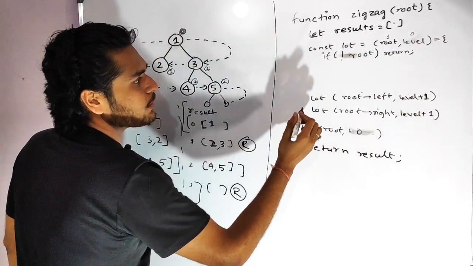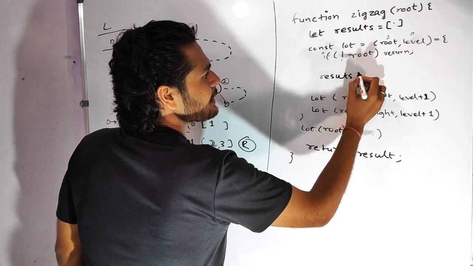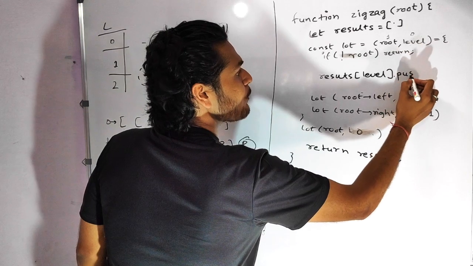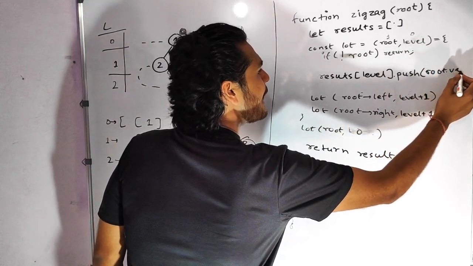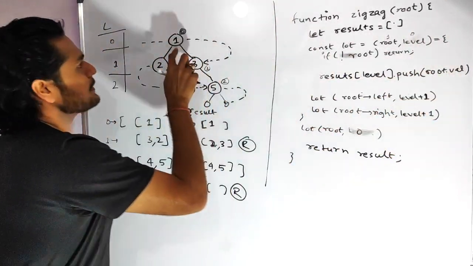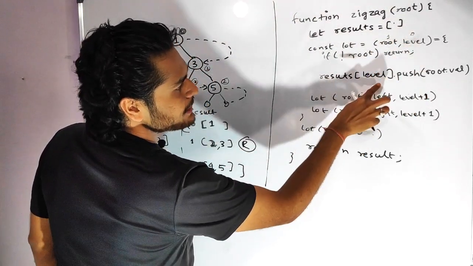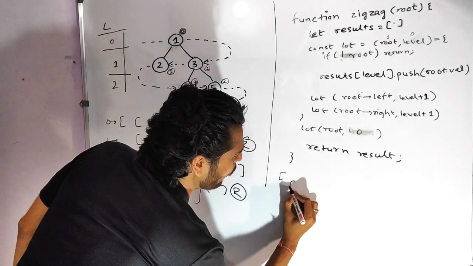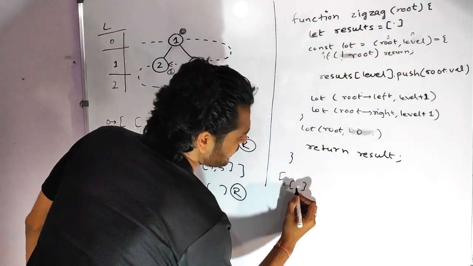We will put in results of level dot push, and what we will push? We will push the root dot val. Makes sense? So root dot val is the value 1, and it will be pushed into results of 0. So it's like results of 0, we will push 1 inside this.